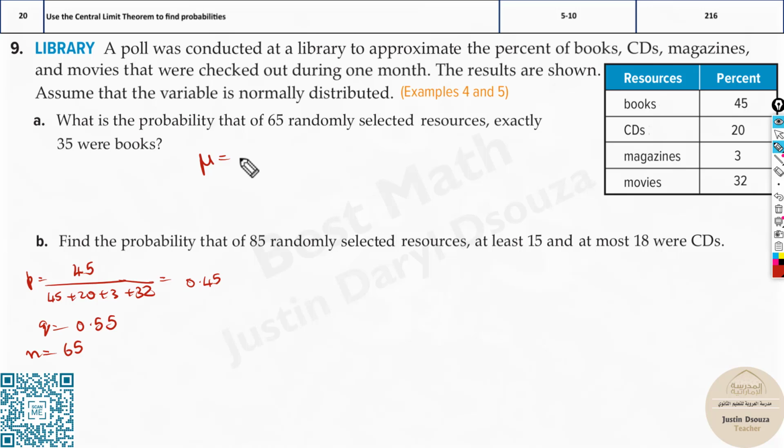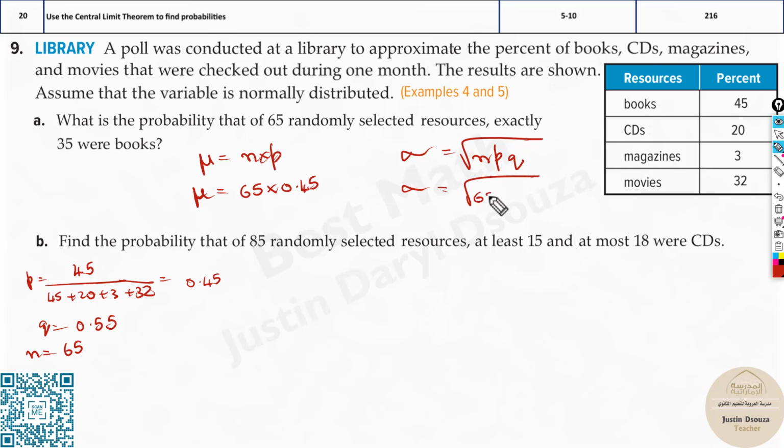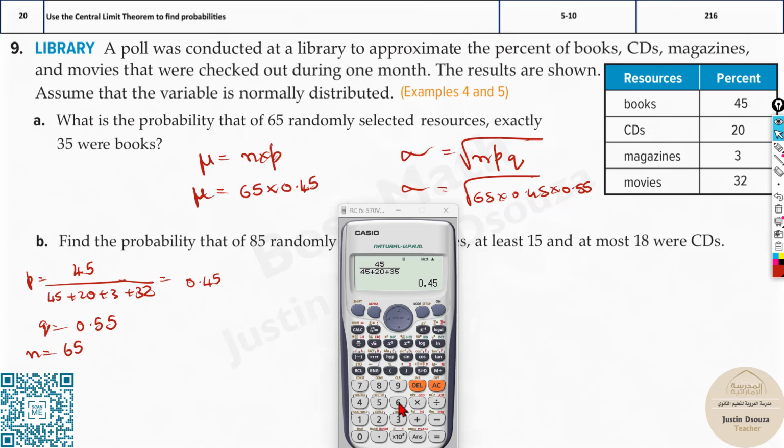So now we can easily find the mean, right? I'll write over here: mean is N times P, and standard deviation will be the square root of N P Q. So the substitution over here would be 65 times 0.45, and over here it will be 65 times 0.45 times 0.55. Now let's do that in the calculator. It is 65 times 0.45.